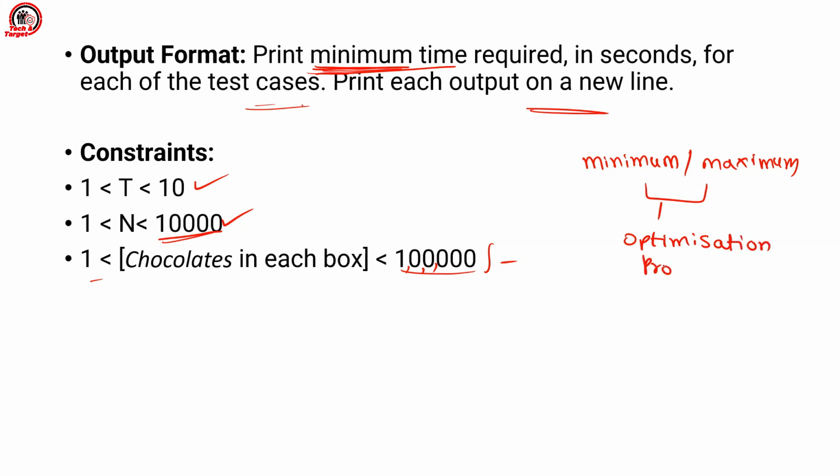So whenever you come across problems asking you to print the minimum or maximum, what you have to first understand is that they belong to a class of problems called optimization problems. And these optimization problems are normally solved by two methods, right? One is the greedy approach, and the second one is the dynamic programming approach, right?